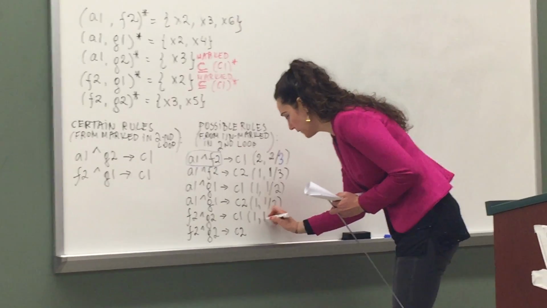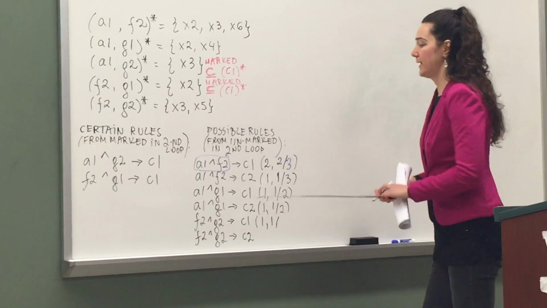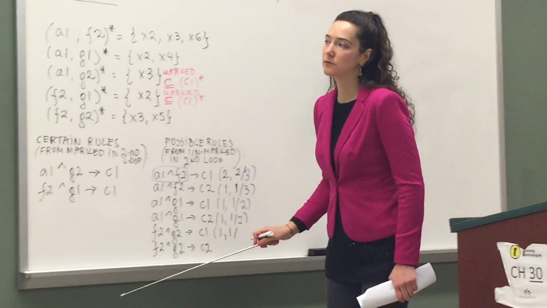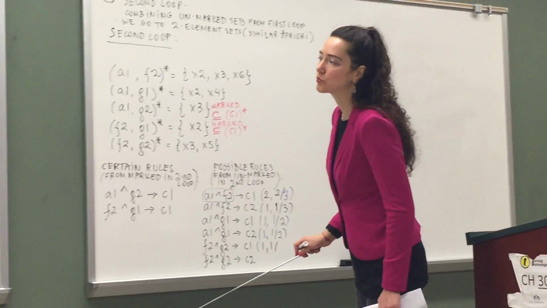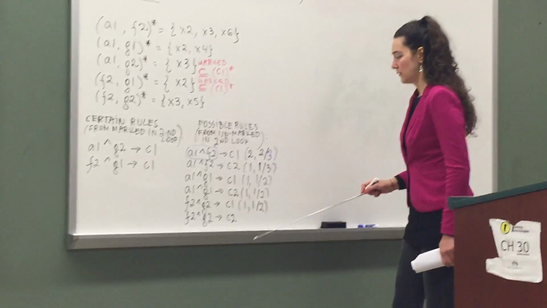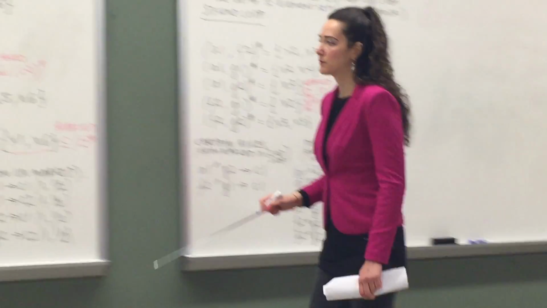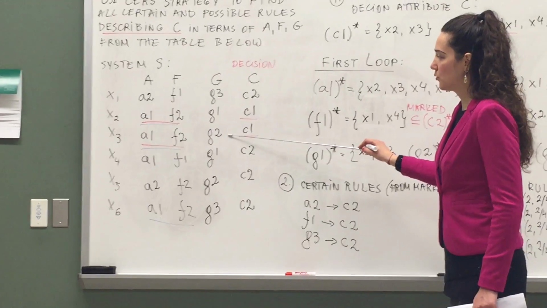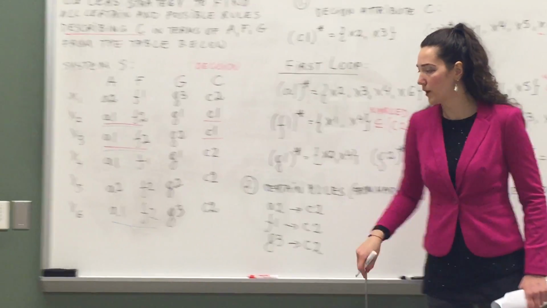And confidence is 1 divided by the left side, which is F2 and G2 together, 2. F2 and G2 once, F2 and G2 twice.